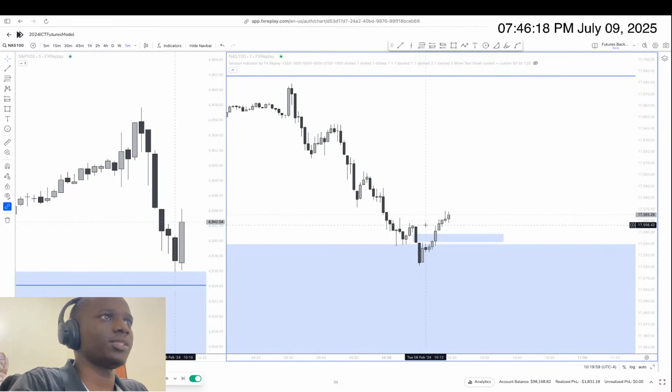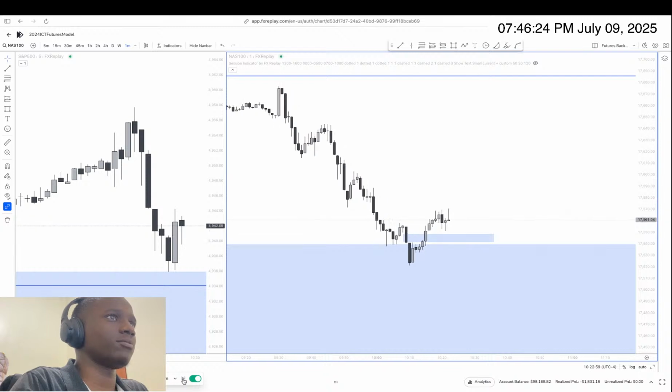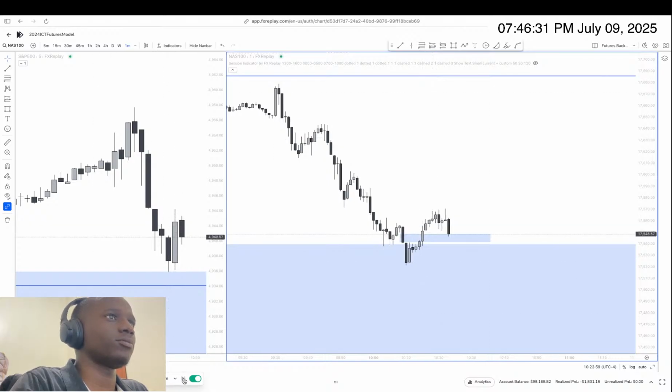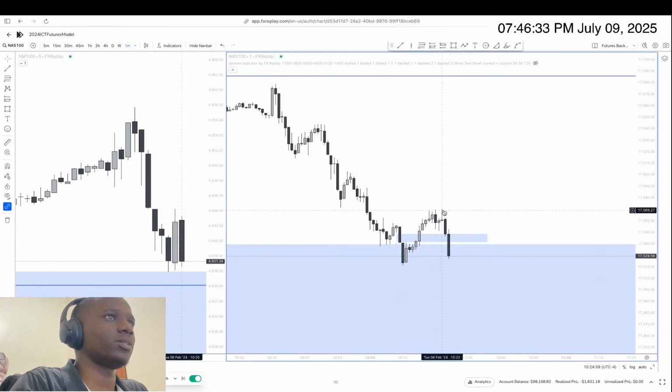And we get a change in state, and we have an inversion, so kind of balanced price range. Now let's say we get a kind of retracement into the change in state. So you see how this moves. So it ends up dropping. The reason I hesitated to enter is because of this candle.